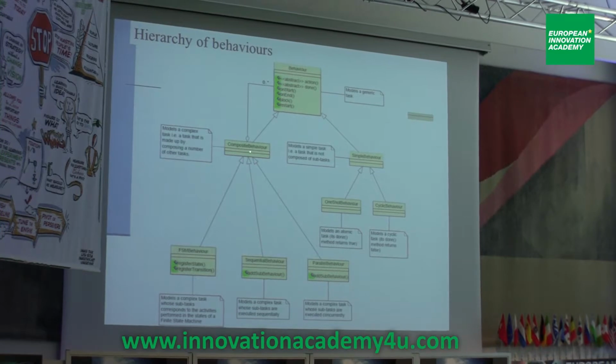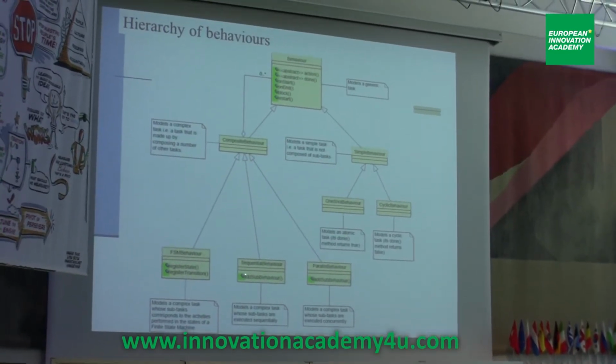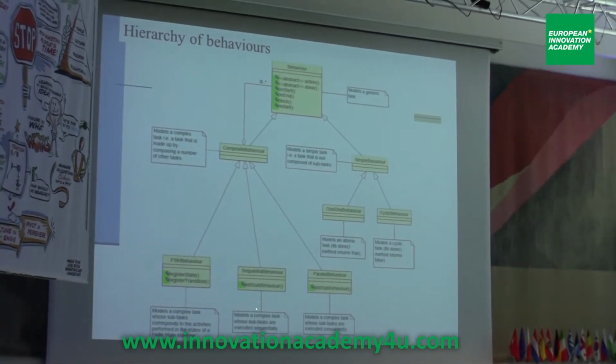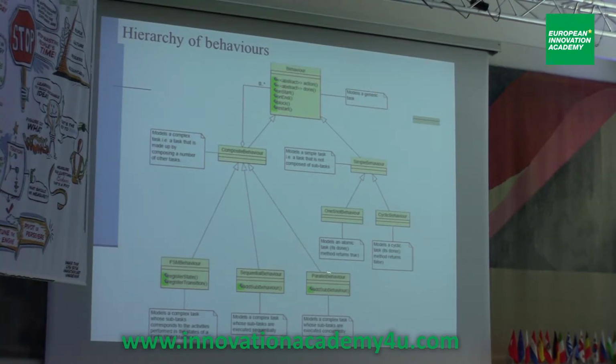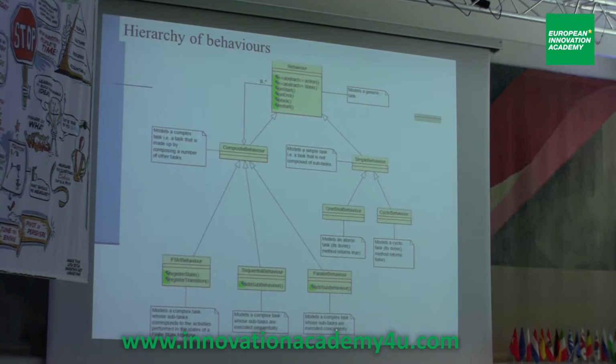Then the composite behavior is divided into sequential behavior, which consists of sequential sub-behaviors that are executed one after another, and parallel behavior that consists of parallel sub-behaviors that are executed in parallel to each other.